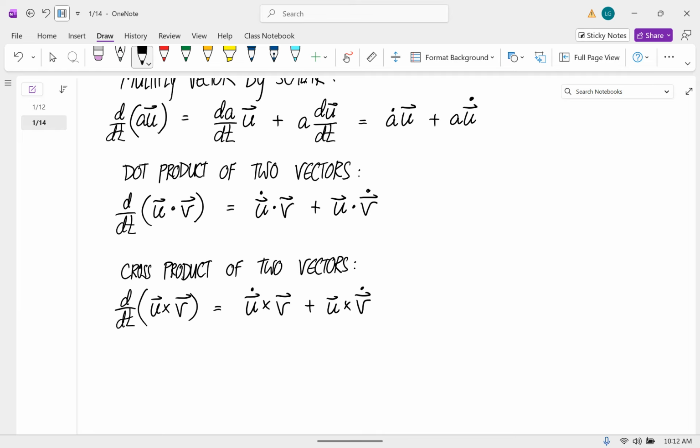And this is the reason why you want to keep the order of those variables the same when you think about what the product rule is. Because this one is not equal to u dot cross v plus v dot cross u.